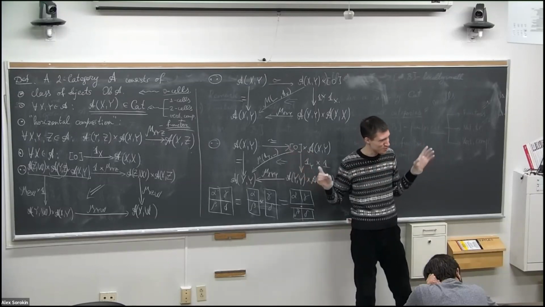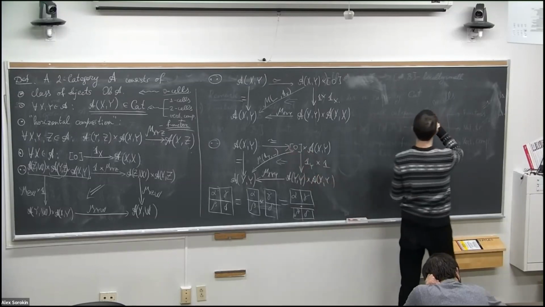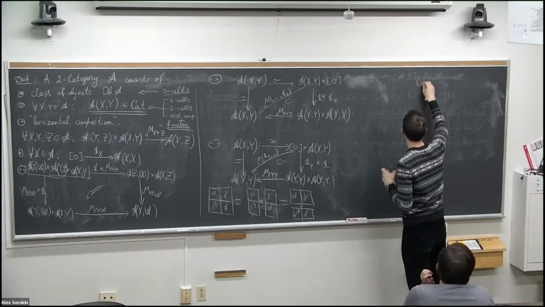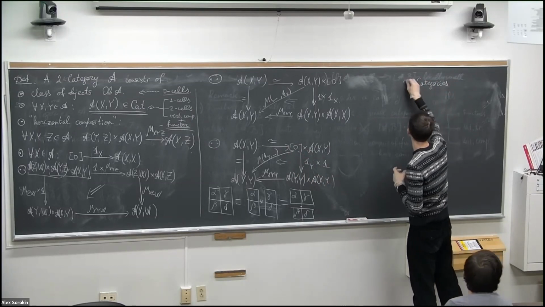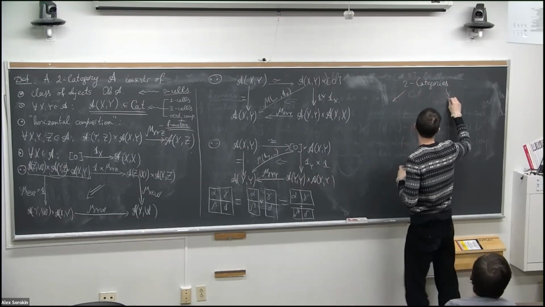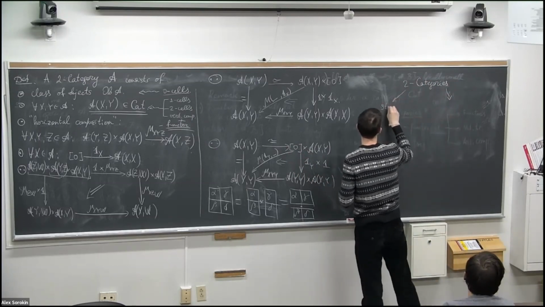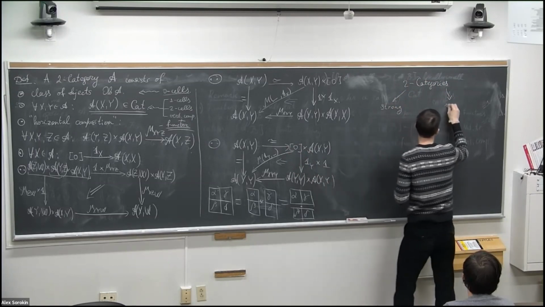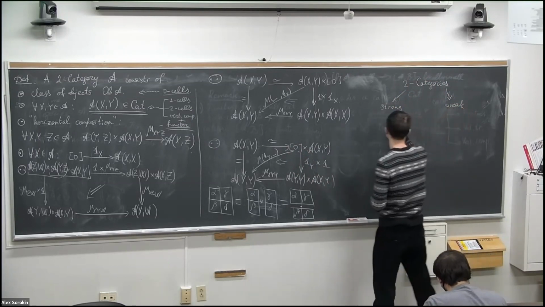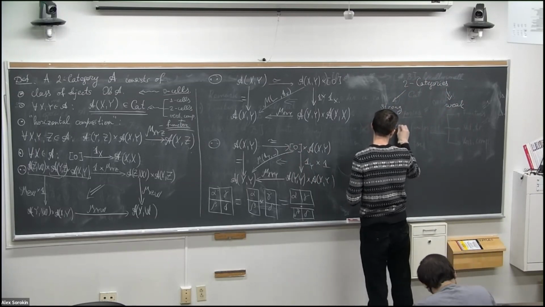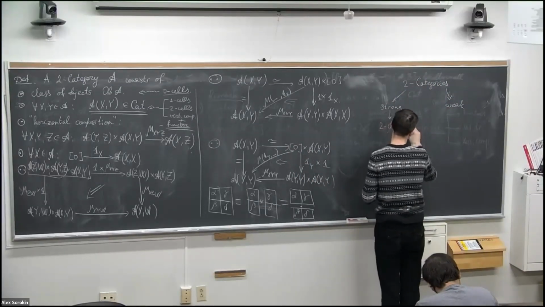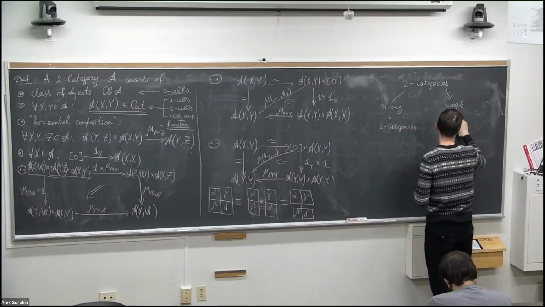So nowadays, two categories can be strong and weak. Strong we call just two categories, and weak we call bi-categories.